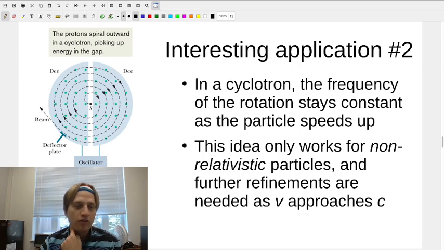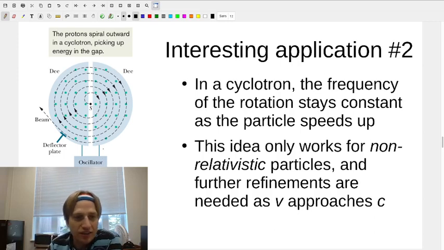So its speed is picking up, but the radius is getting bigger as it gets faster, so the rate at which it's going around is approximately constant. Okay, so that's how you can use this oscillator to tune this. It's called the cyclotron frequency. If you're interested in that, I recommend looking up cyclotrons. It's actually not too hard of a derivation, but we don't need it right now.